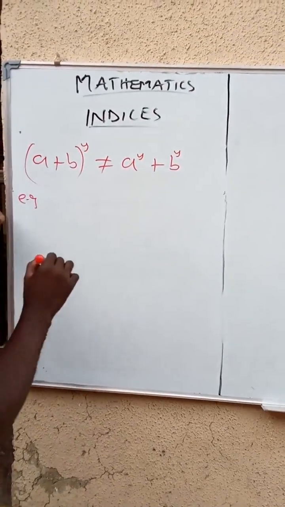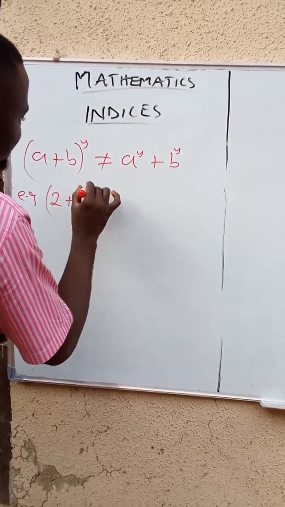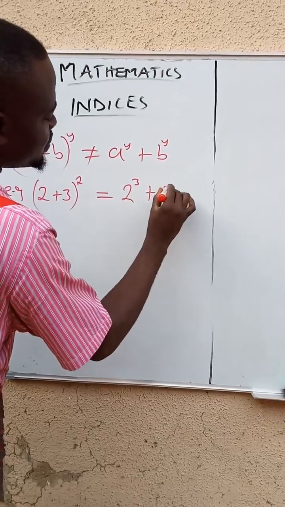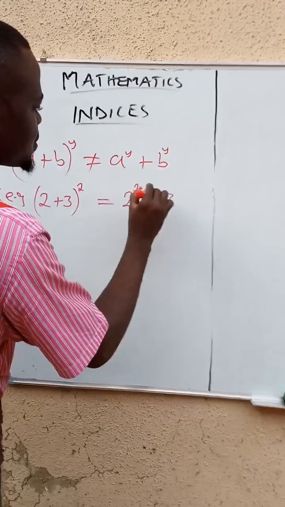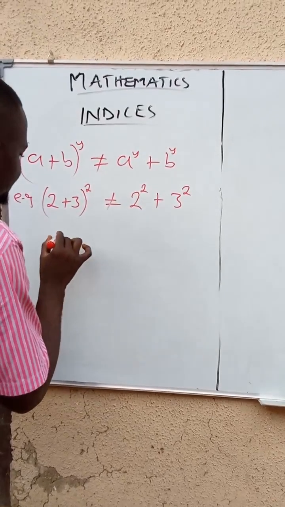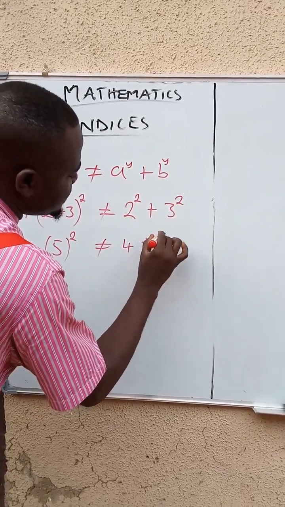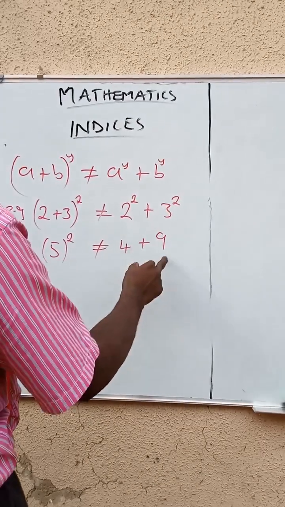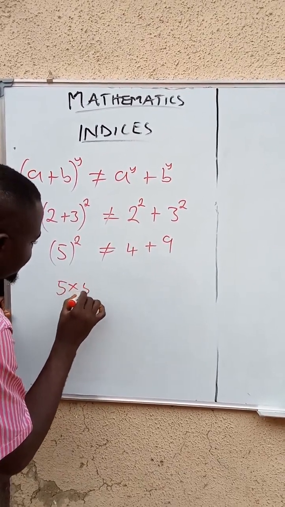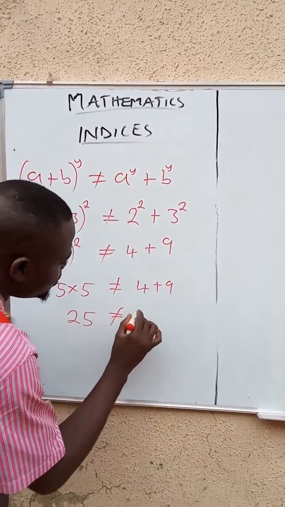For example, 2 plus 3 raised to the power of, let's say, 2 is not equal to 2 raised to the power of 2 plus 3 raised to the power of 2. 2 plus 3 is 5, so 5 raised to the power of 2 is not equal to 4 plus 9. 3 raised to the power of 2 is 9, and 2 raised to the power of 2 is 4. 5 raised to the power of 2 is 5 times 5, which is 25, and that is not equal to 13.